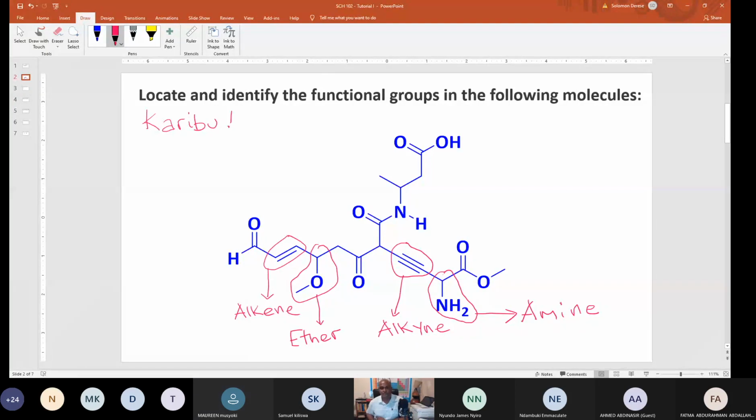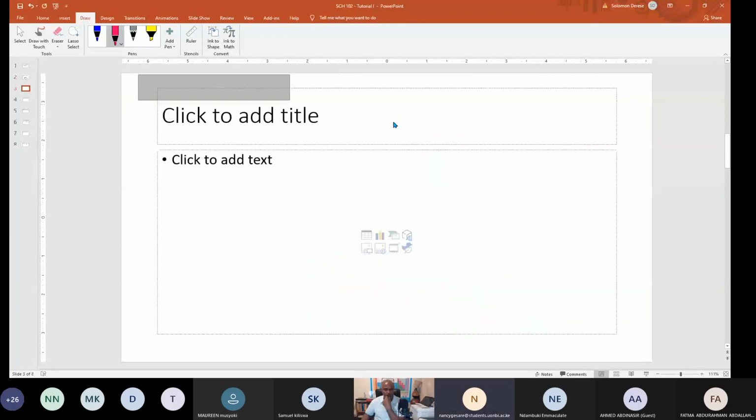Now, the rest of them have a carbon-oxygen double bond. Molecules that have a carbon-oxygen double bond like this, let me discuss with you in a simple way, okay?